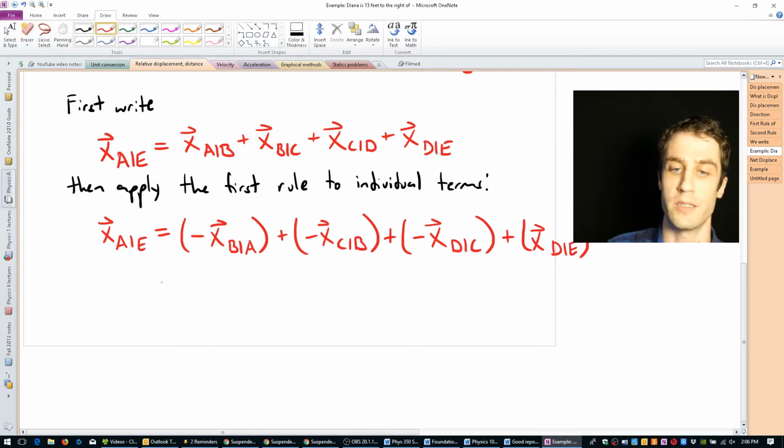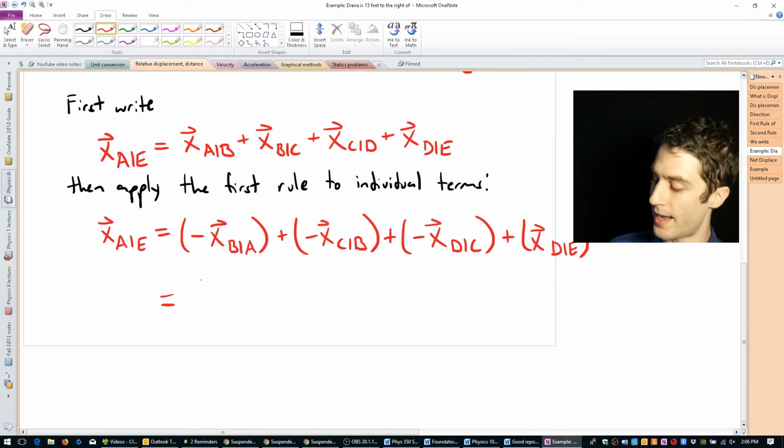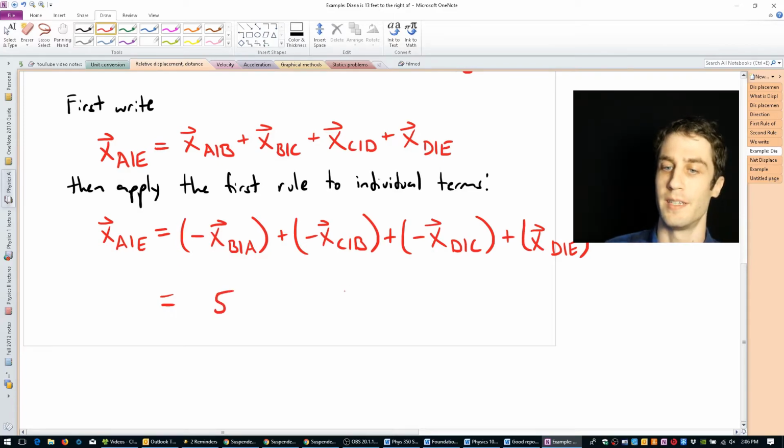And that's how I like to do a lot of these physics problems, is that I'll come up with an algebraic solution that's written only in terms of known quantities. All right, so negative xb relative to A is +5. Negative xc relative to B is -2.